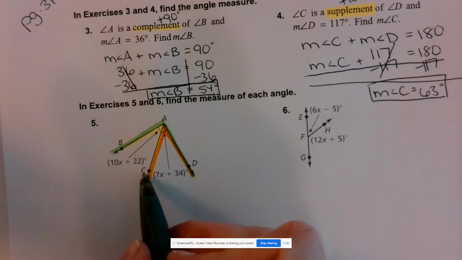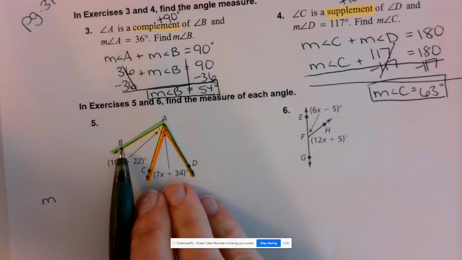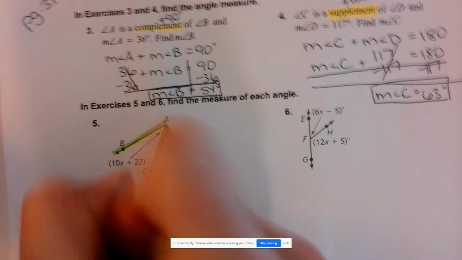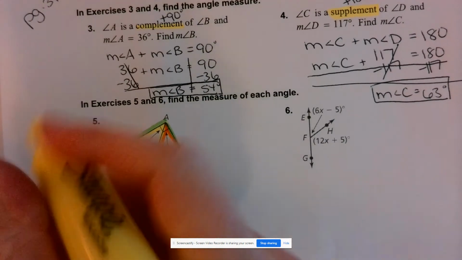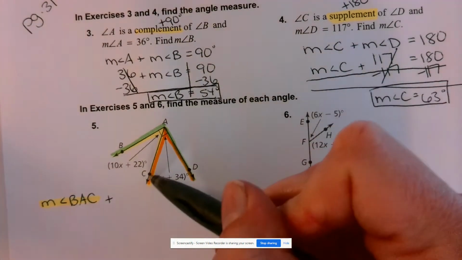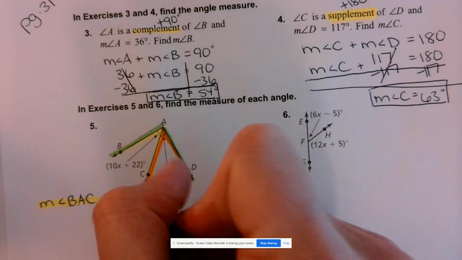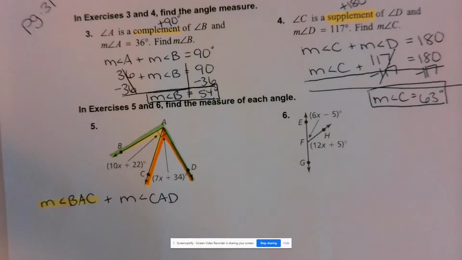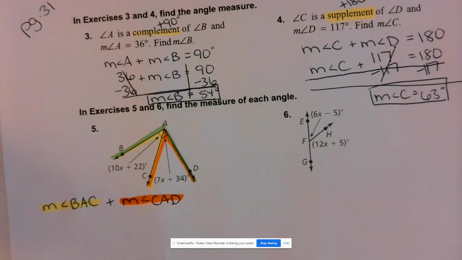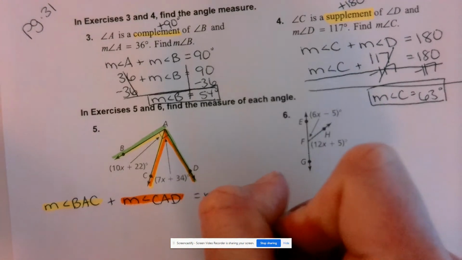So I know that the measure of the yellow angle, which I can call angle BAC, and I'll highlight that for you, the measure of angle BAC plus the measure of the orange angle, the measure of angle CAD, those must add up to equal the larger angle, the green angle, the measure of angle BAD.